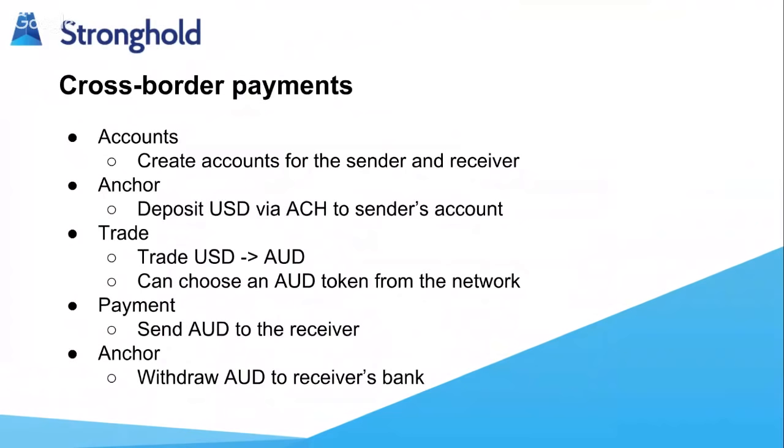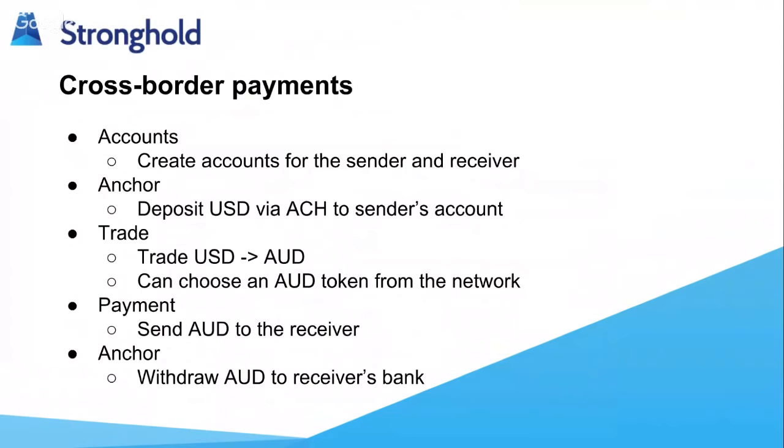While this isn't a Stronghold product, because you are on the open blockchain, you could use the Stronghold API to trade into the Australian dollar. So you would be able to buy Novatti Australian dollars using Stronghold US dollars. Now the sending account owns Australian dollars anchored by Novatti.